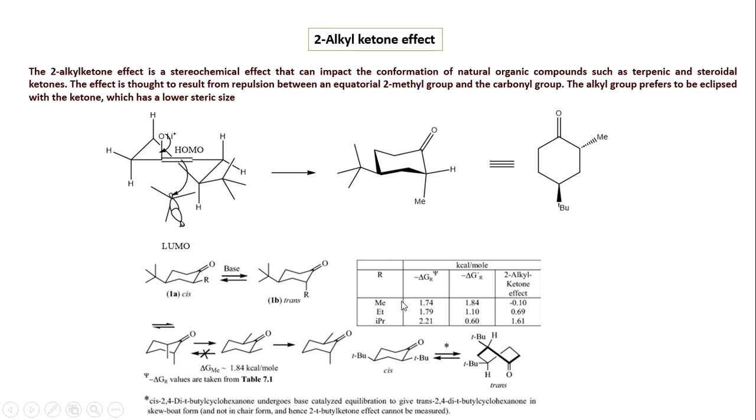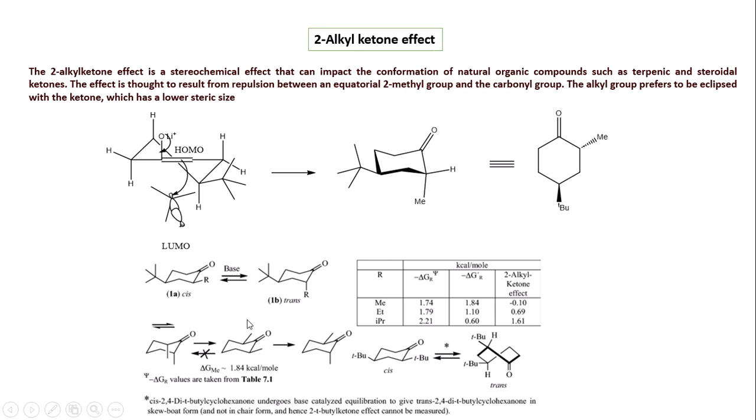From this diagram it is shown that as the size of the R group increases, from methyl to ethyl to isopropyl, the 2-alkyl ketone effect increases, and hence the axial position is preferred over the equatorial position.